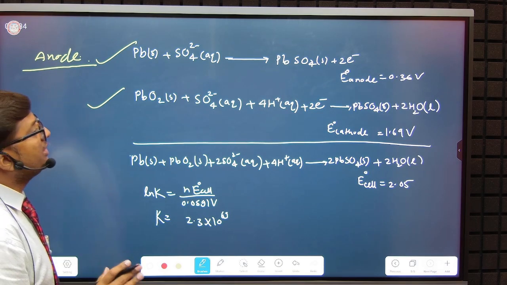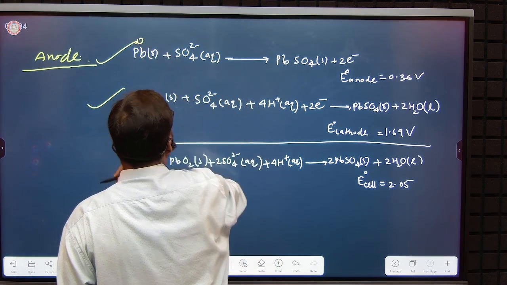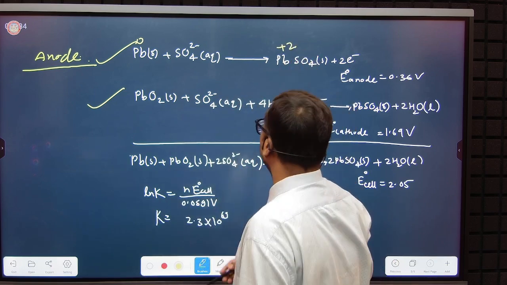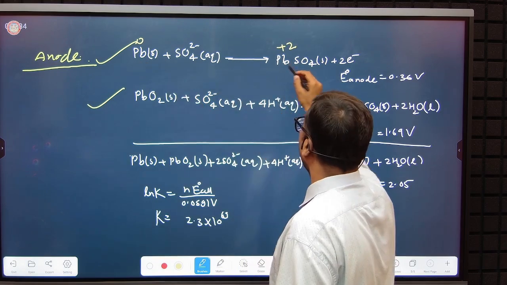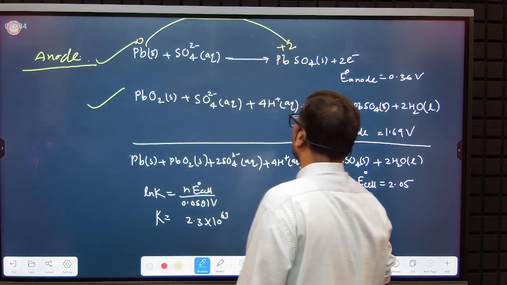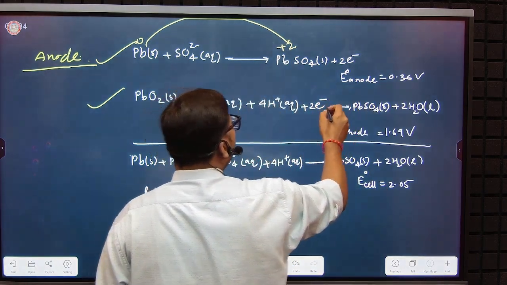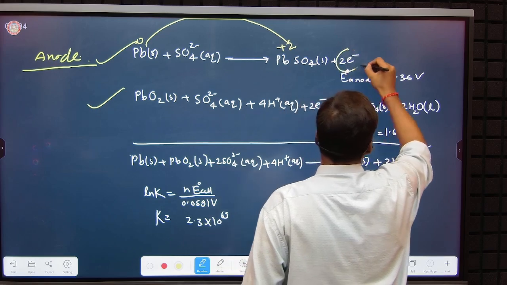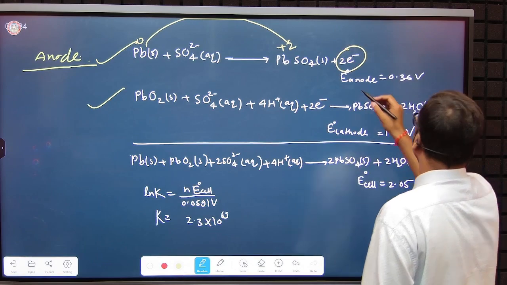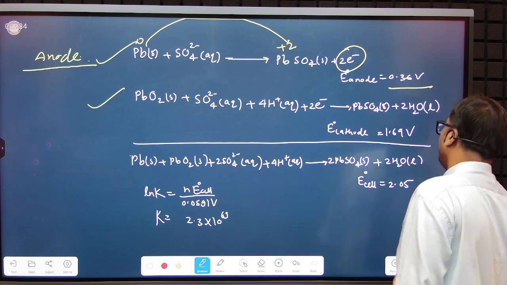Here lead is in oxidation state 0, and here it has +2 oxidation state. So this half cell reaction is an oxidation reaction. Through the release of these two electrons, what is the E0 anode? That is 0.36 volt.